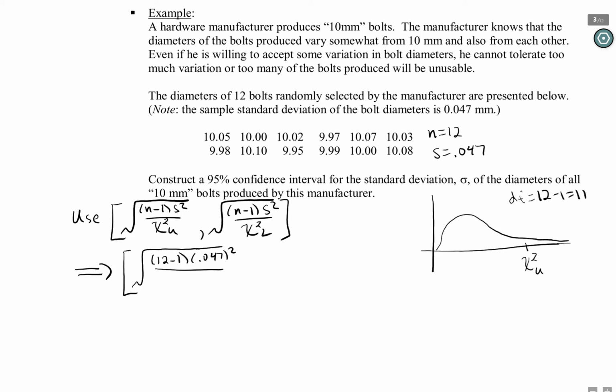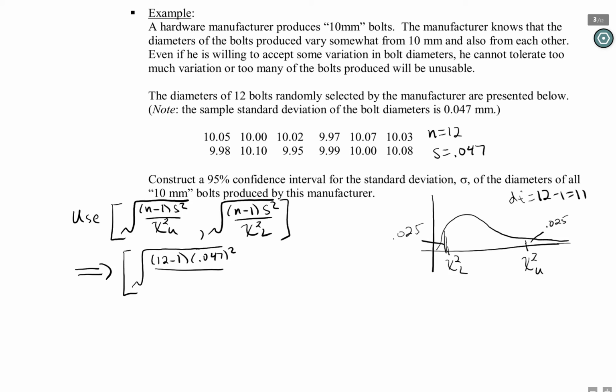So I'm going to split the alpha in two for the right tail area. I'm going to have 0.025 there, and later for chi squared L, that's where the area is 0.025.